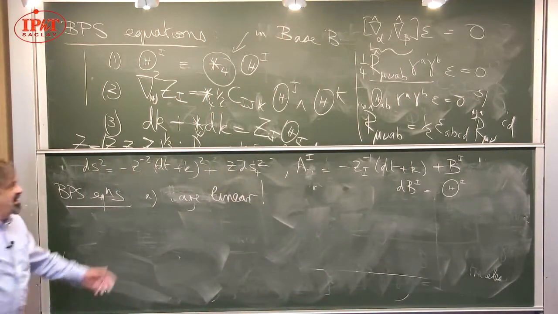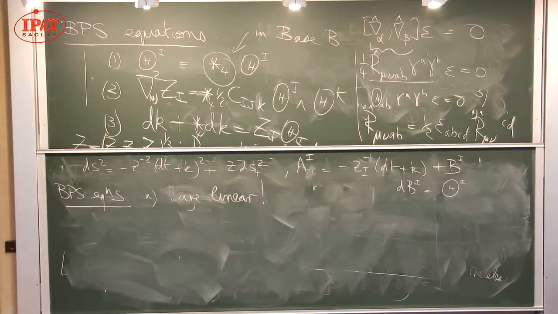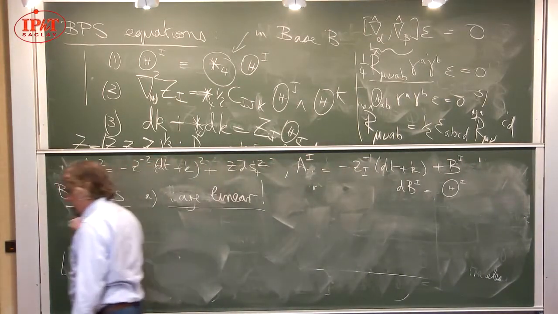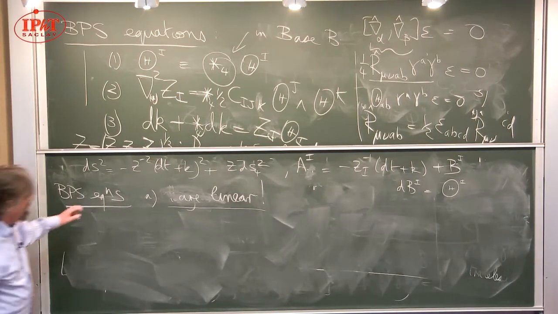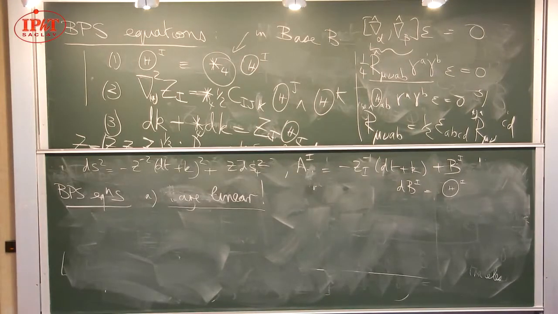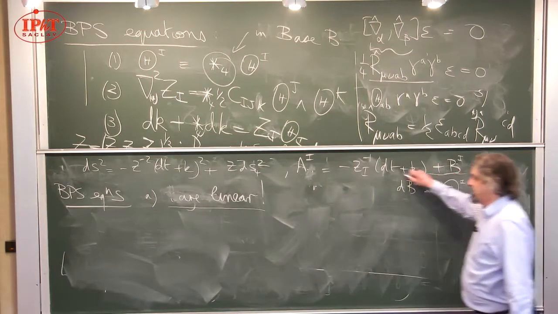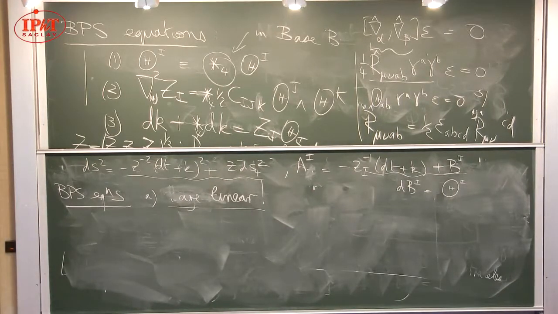So yes, it's nonlinear in the sense that the sources are all nonlinear, but the actual equation you have to solve is linear with sources, which are complicated. This was not guaranteed. In fact, when these BPS equations were first analyzed, I think it was Gauntlett and Gutowski, they unpacked them, but they didn't realize they were linear because they didn't reorganize them the way I have. If you reorganize them in this way, you realize that they're a linear system.